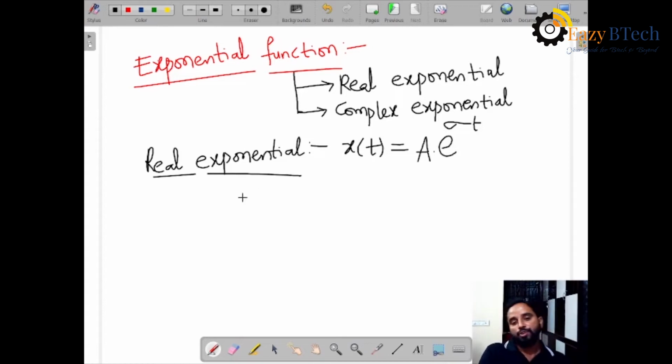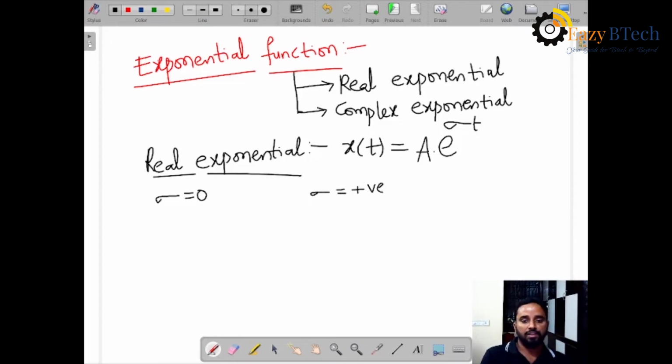Here I am going to take three cases of sigma. If sigma is 0, how is the signal? If sigma is positive, how is the signal? If sigma is negative, how is the signal? The first case, sigma is 0. In the second case, sigma is positive.